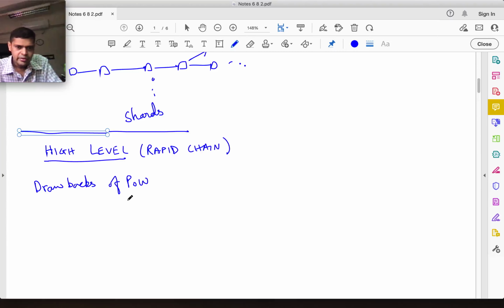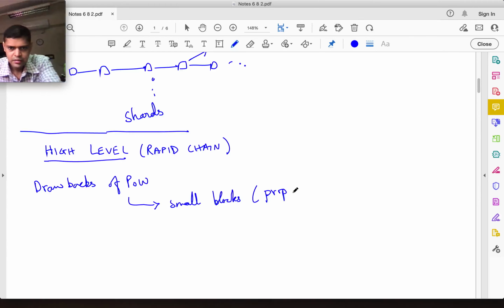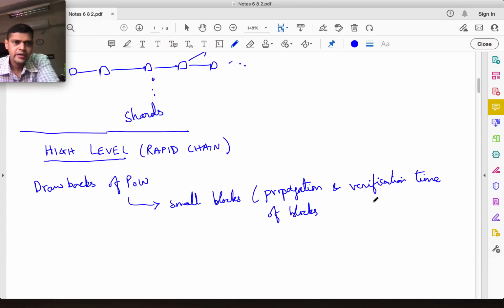So drawbacks of POW, first of all, you need small blocks. What do I mean by small blocks? It's really that the propagation time of blocks should be small compared to the interarrival time of generation.